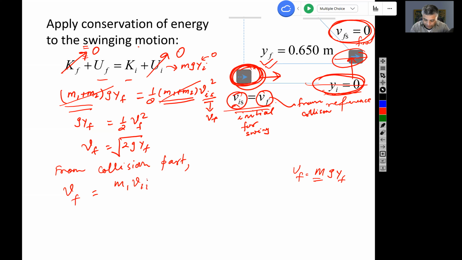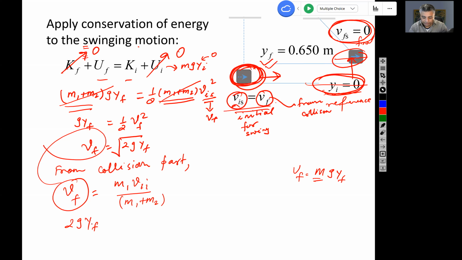I forgot. Okay, I had it as v1i, great. And down here, I think we had m1 plus m2. I'm just copying the equation from the previous slide we wrote. Now this vf is the same as this vf, right? So that means the square root of 2 g yf equals m1 v1i over (m1 plus m2).